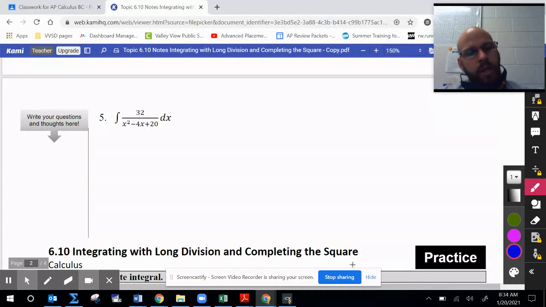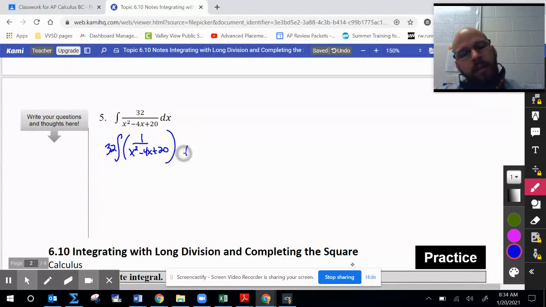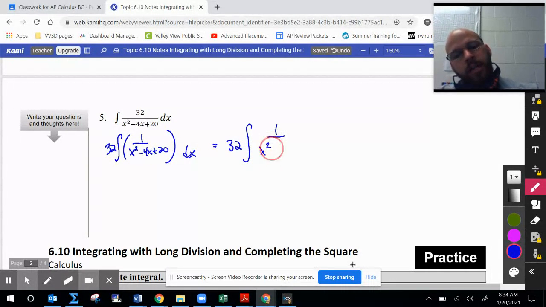So I'm going to write this. For number 5, I'm going to take that 32 as just a constant multiplier, x squared minus 4x plus 20. And I'm going to rewrite that fraction, so I'm going to complete the square. So if I were to say 32 times the integral of 1 over x squared minus 4x.